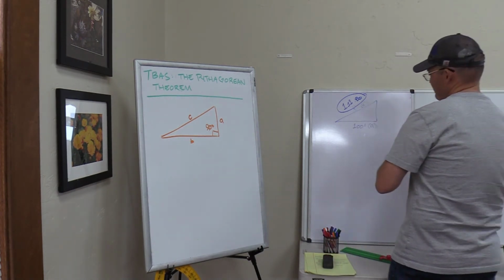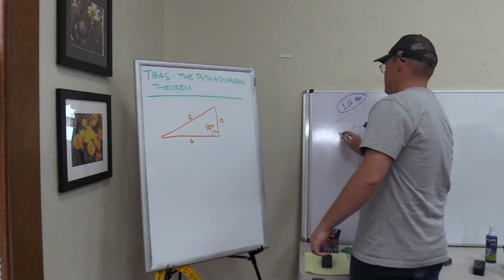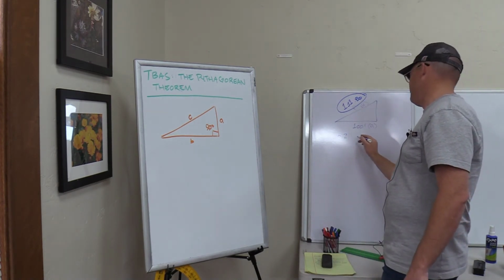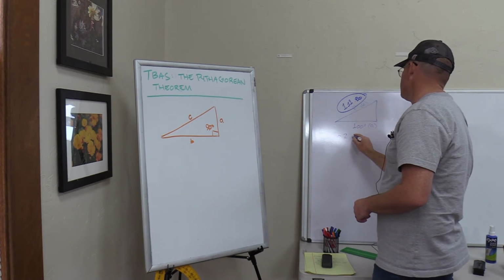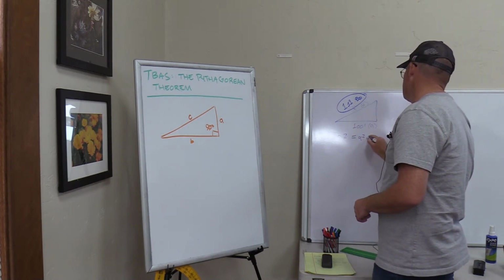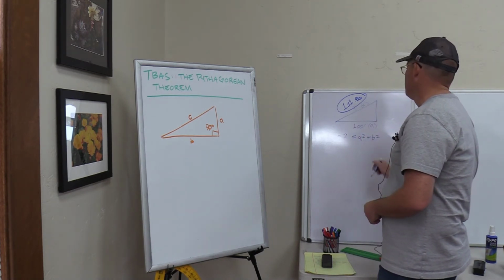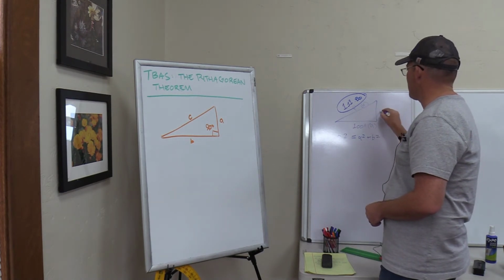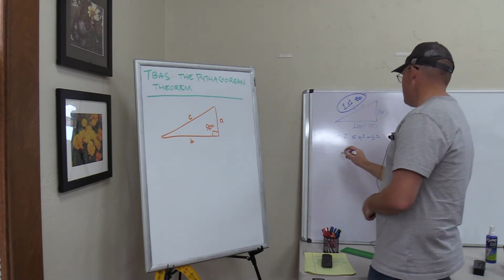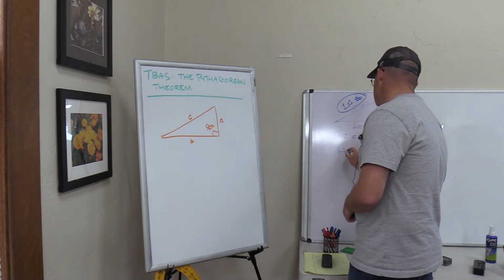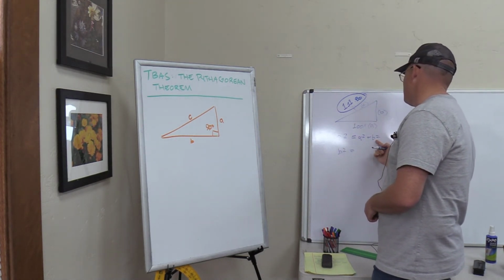Okay, so you remember Pythagorean theorem is c squared equals a squared plus b squared, right? And this time we have c and a, and we're trying to solve for b, side b. So we want to solve for b, so how do we get b by itself?